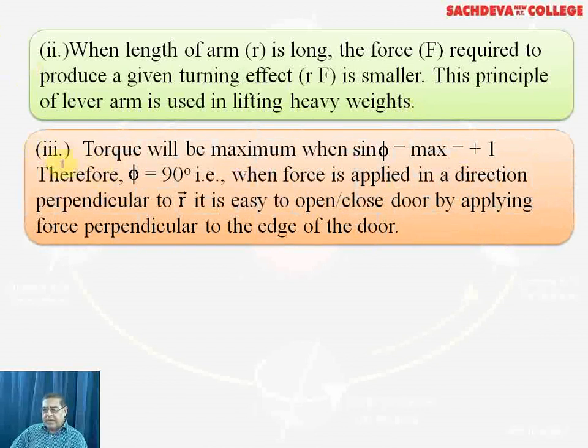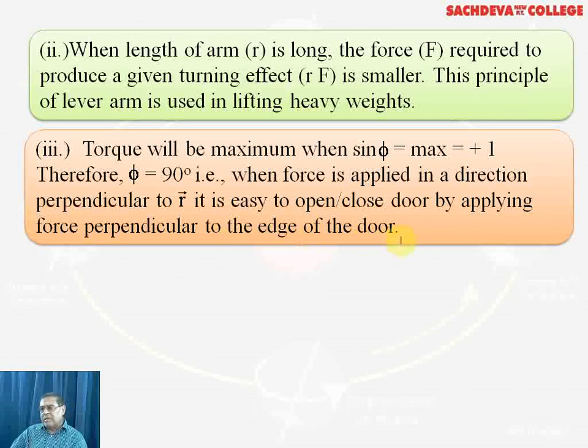Now the third thing is that torque will be maximum when sine phi is maximum, that is 1. So phi must be 90 degrees because sine 90 is 1. When force is applied in a direction perpendicular to R, it is easy to open or close the door, by applying force perpendicular to the edge of the door.